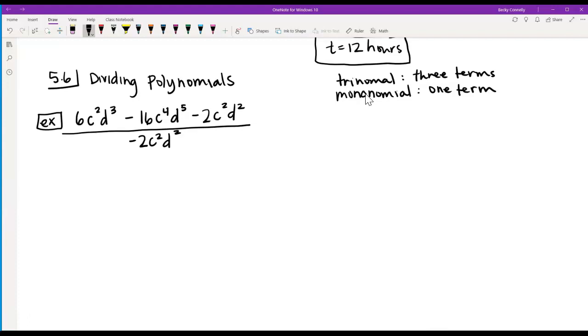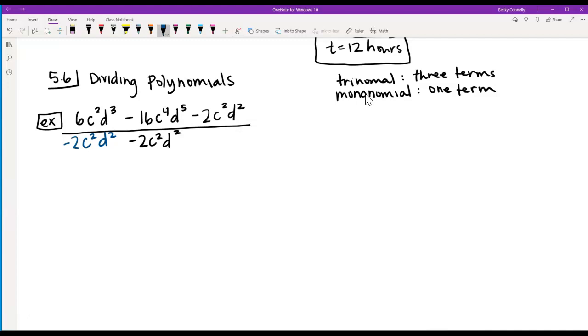When we're doing that, it's kind of like what we were doing when we were dividing out greatest common factor. We're really saying that every single term is being divided by that. So I like to put this negative 2c squared d squared underneath every single one.